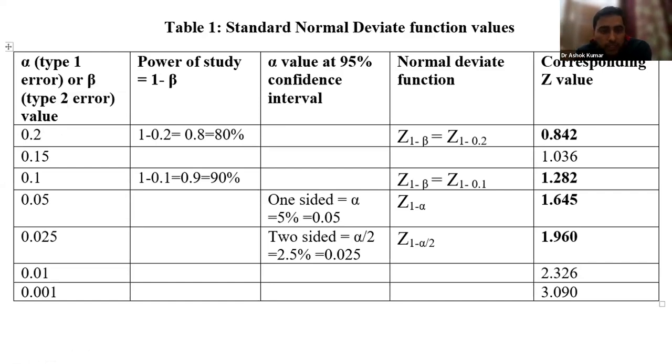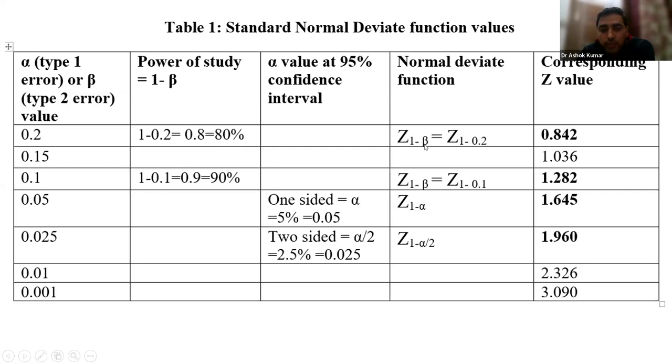So you have to just remember 80%, 90%. In front of this 80%, we have to write here normal deviate function z 1 minus beta. So z 1 minus 0.2, 0.2 means type 2 error, 20%. When we are using this z 1 minus beta and beta is 20% or 0.2, it means power of study is 80%.